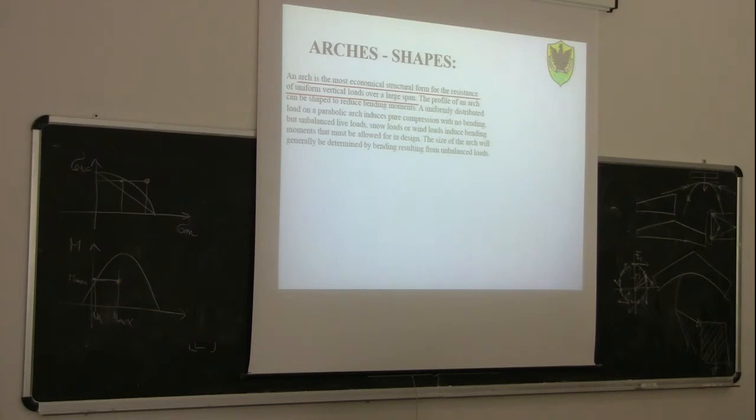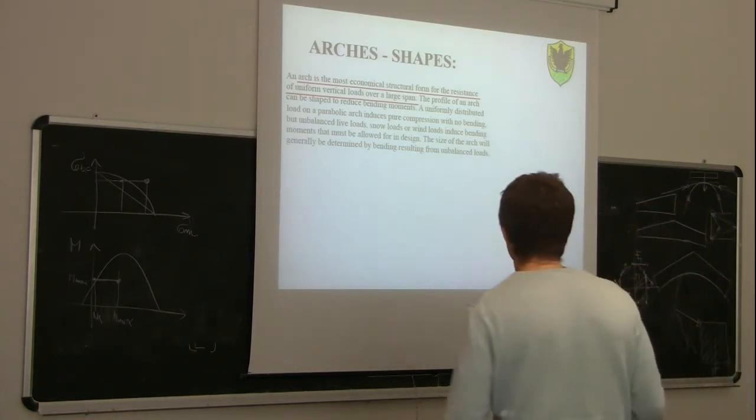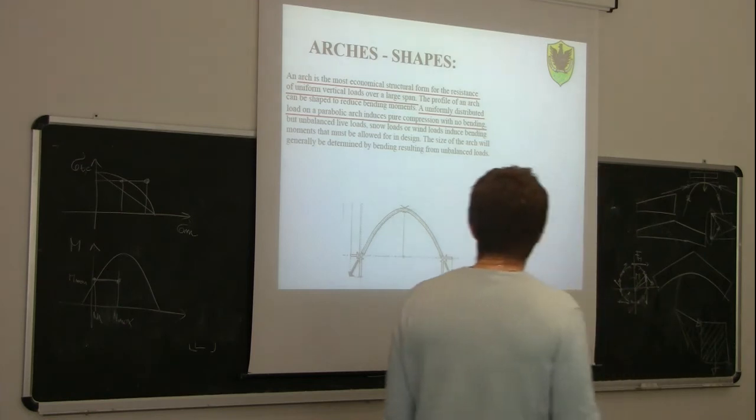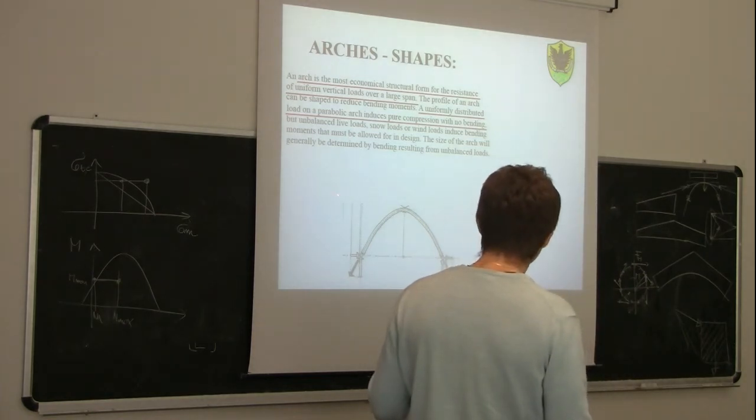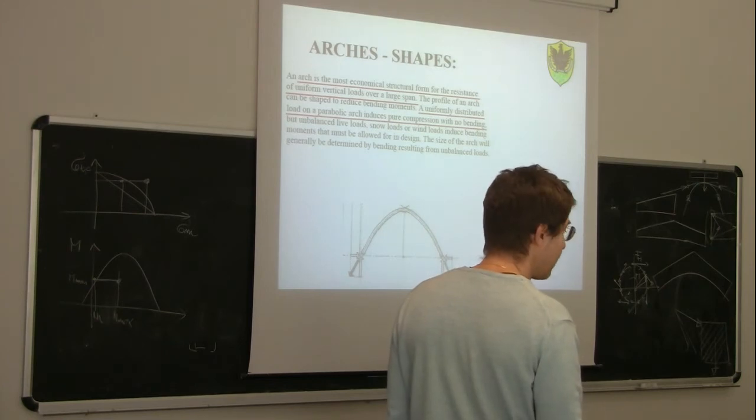Instead for the others it is h over 40, and also l over 30, and so on. So the arch is by far the most economical structural shape. A uniformly distributed load induces mostly compression, very little bending.